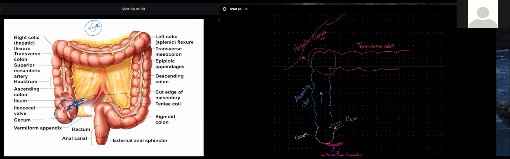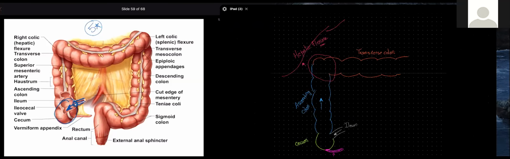The transverse colon, carrying the remaining part of the undigested and unabsorbed food, will be traveling down. We call this part of the colon that travels down the descending colon.